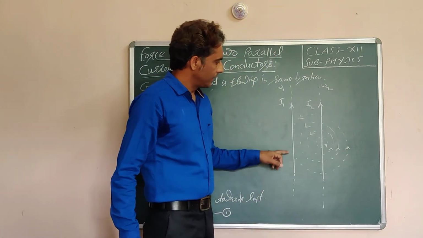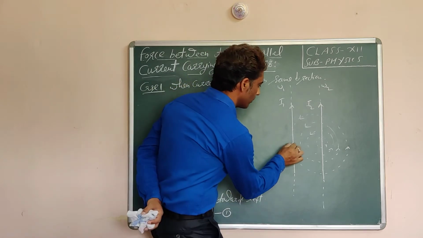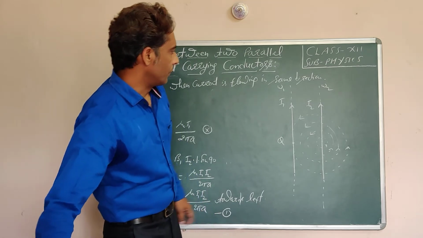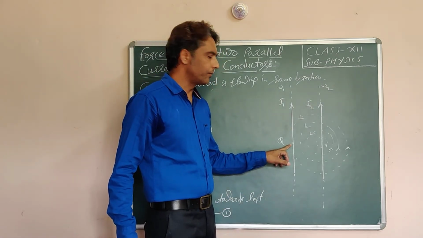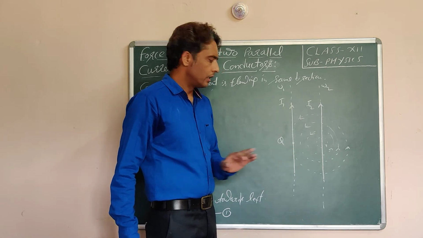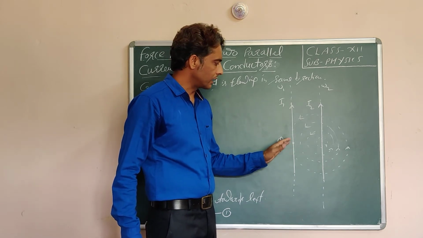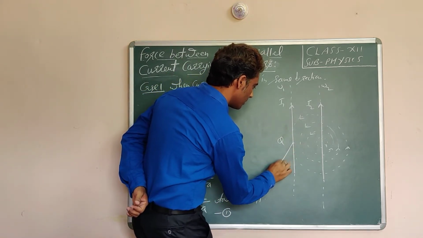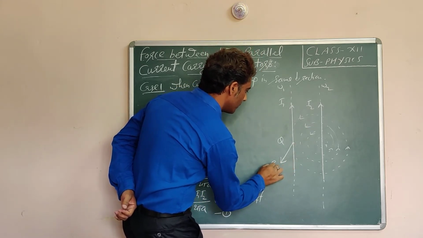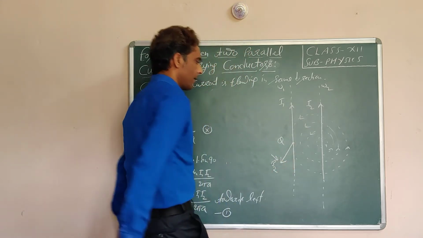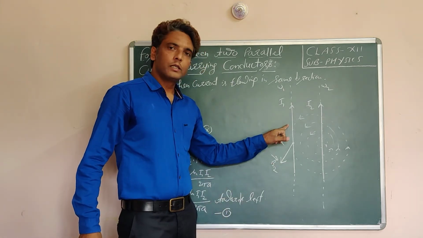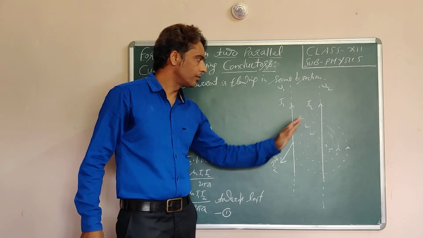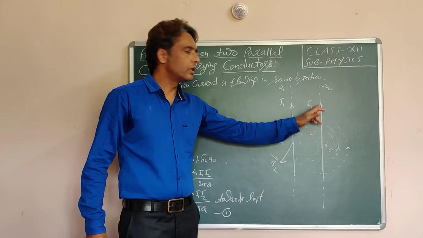So if we see the direction of magnetic field at a certain point on this conductor, let this point be Q. You can see here the direction of magnetic field will be outward. It is perpendicular to the plane of board and directed outward. Let this field be B2. Now this conductor W1 carrying current I1 is lying in the magnetic field of the conductor carrying current I2.